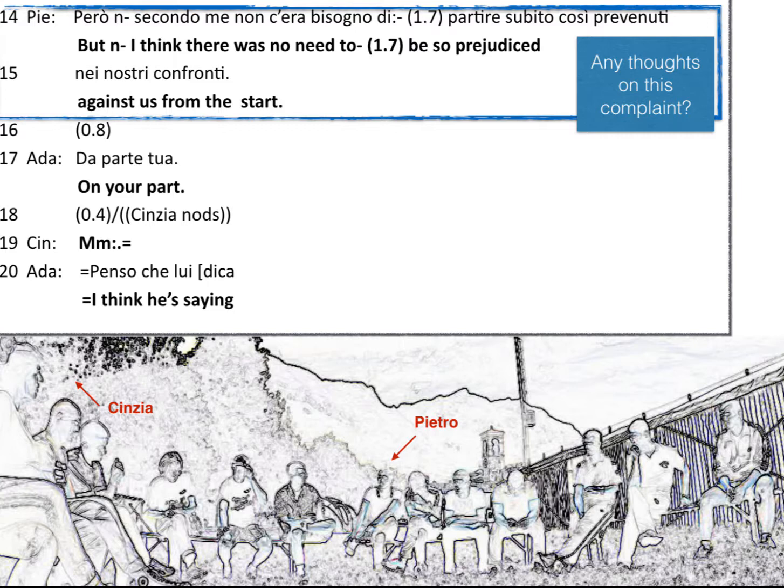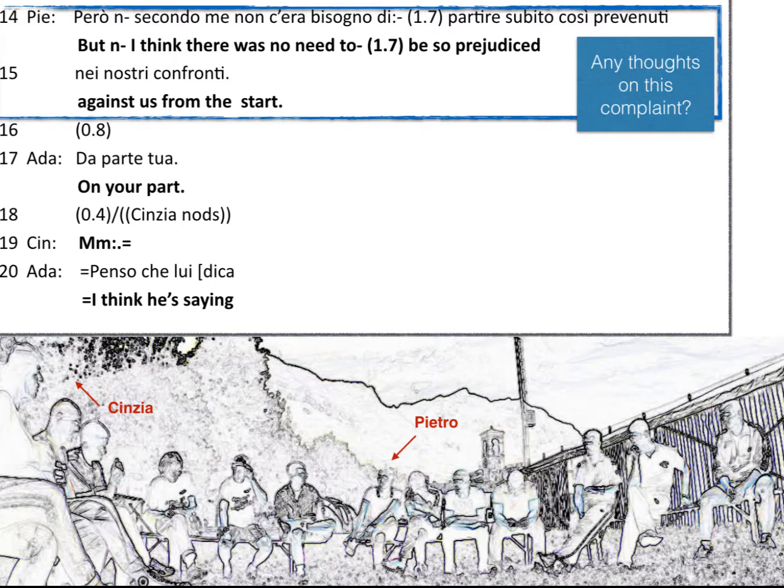Okay. I think with prejudiced, what he means is that they started the trip, and the very first thing that they did wrong, she came in and told them off. That suggests that she was kind of not well disposed towards them, because, I do something wrong and you come in very sharply.